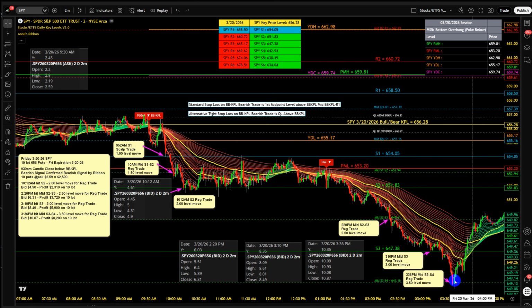So if you want to be more assured of being able to get out, especially if you have a large lot size that you need to move, it's generally better to just go ahead and exit those before 4 p.m. hits.